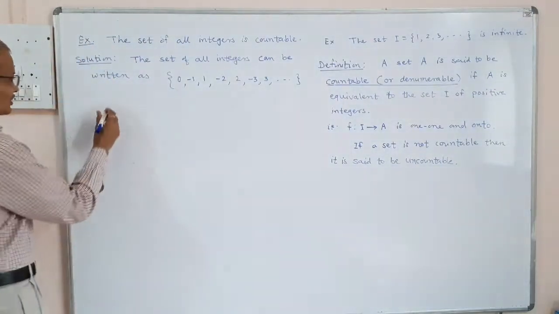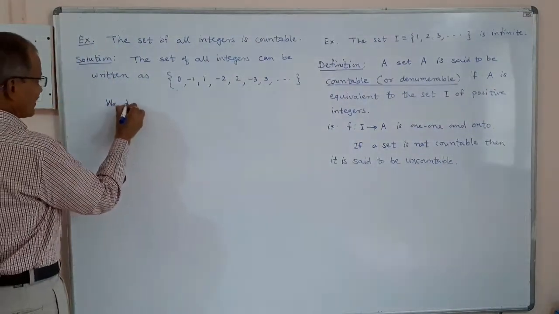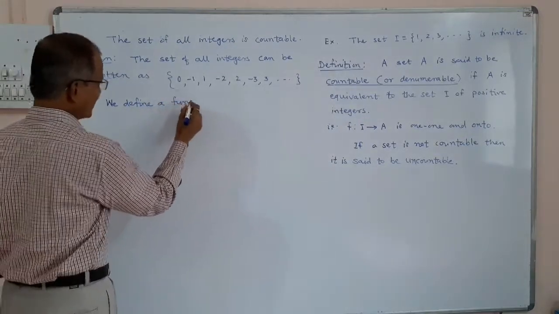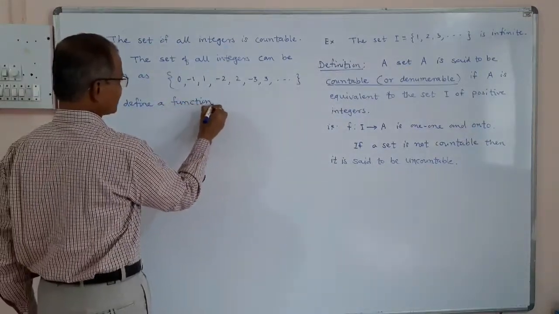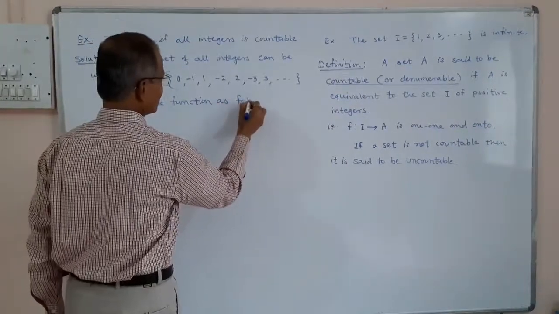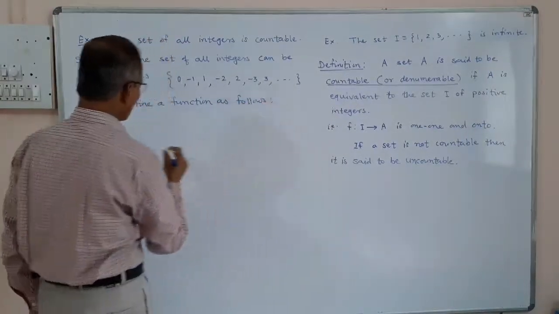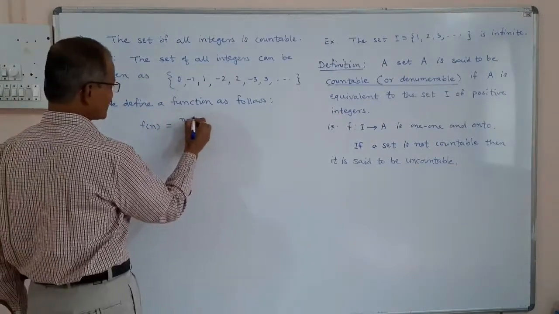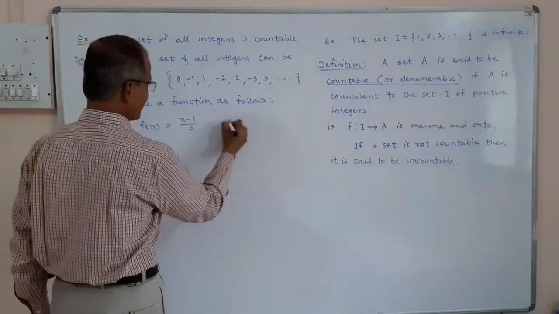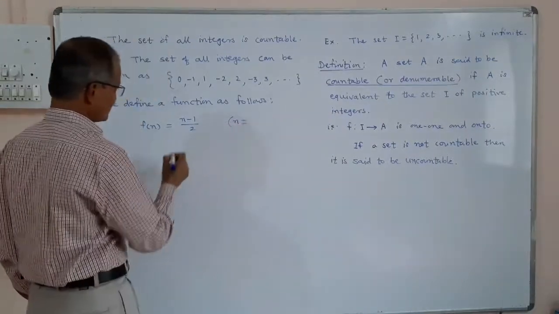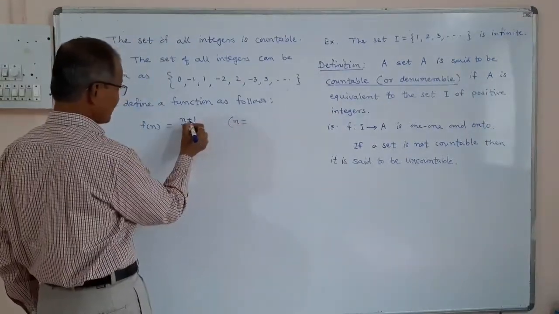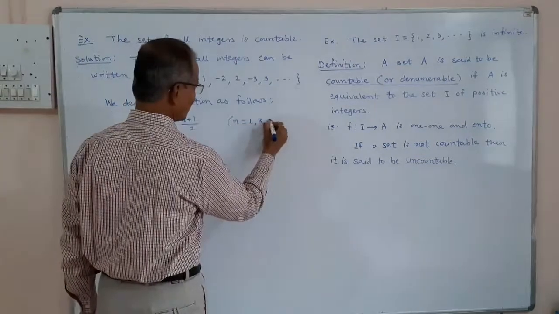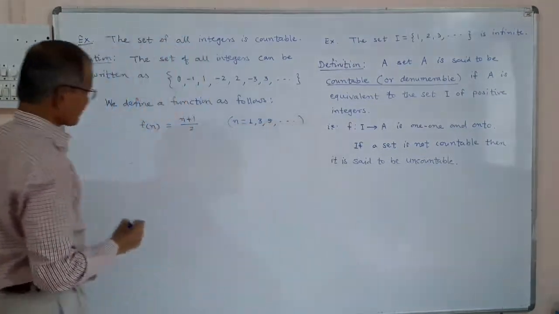Now we define a function as follows. f(n) is equal to (n minus 1) divided by 2, where n is odd: 1, 3, 5, and so on.